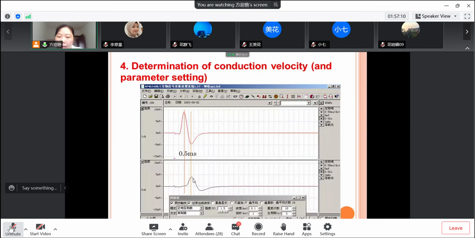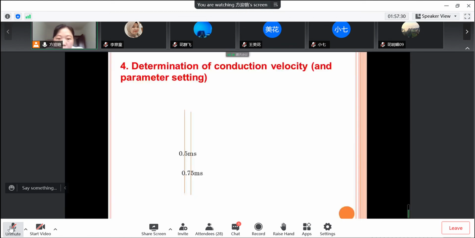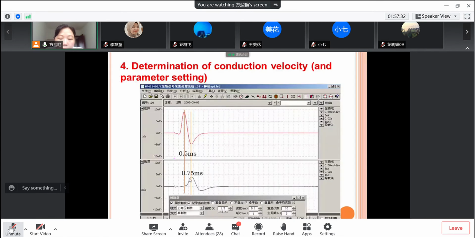This time is about one and a half cases, equal to 0.775 microsecond.